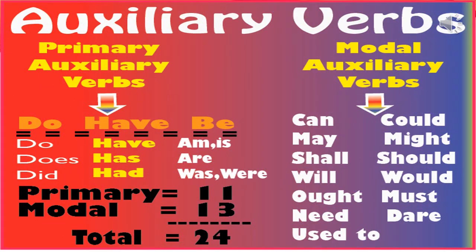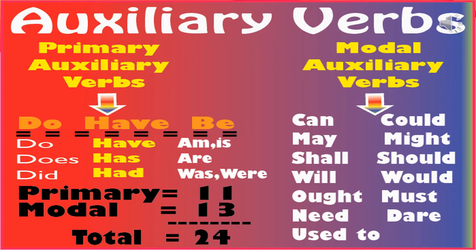This slide gives you the idea of all the auxiliary verbs we are using in English. We have 11 primary auxiliary verbs and 13 modal auxiliary verbs. Altogether, 24 auxiliary verbs are there in English. Let us see.